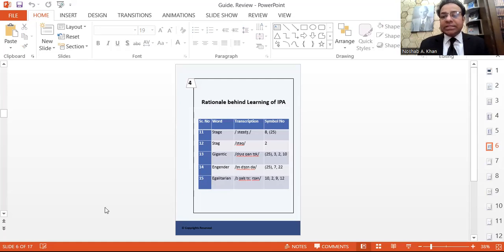As I quoted an example earlier, there are just 5 vowel letters, and these vowels are in fact represented by 24 symbols. And the apt example for this is the Arabic language, where the letter number one, alif, has 4 phonetic sounds. The same is the case with the English language.